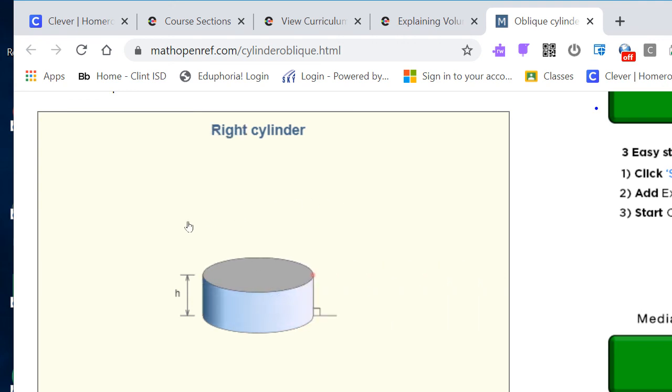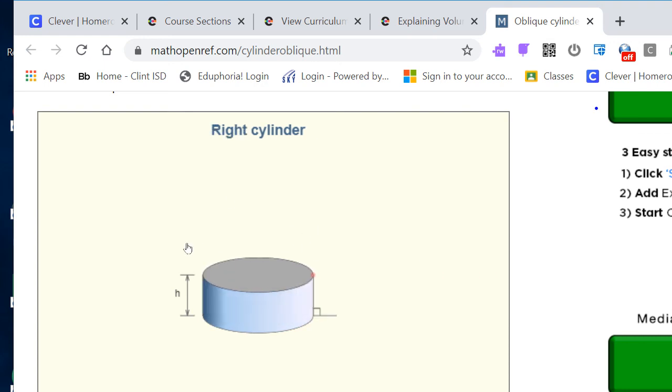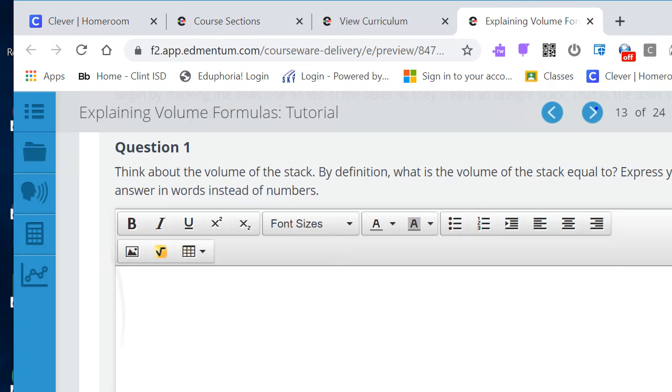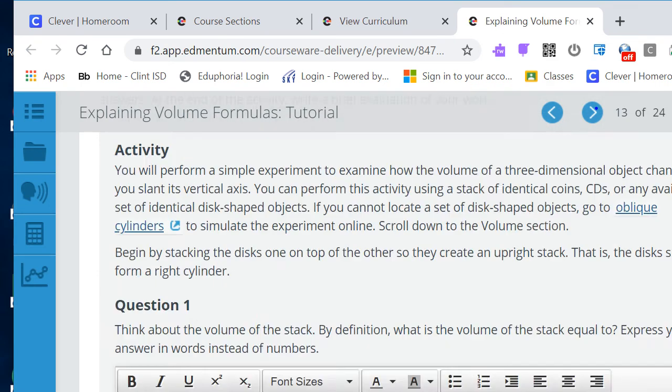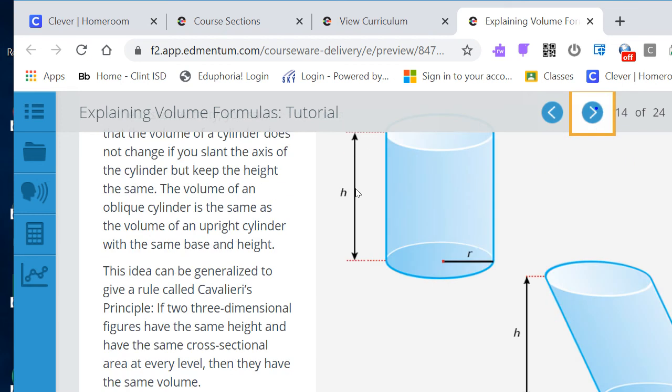As long as the height stays the same, the volume will always be the same, whether it's a straight or oblique cylinder. Very, very important. Then go ahead and answer your questions. Then we move on to the next one.